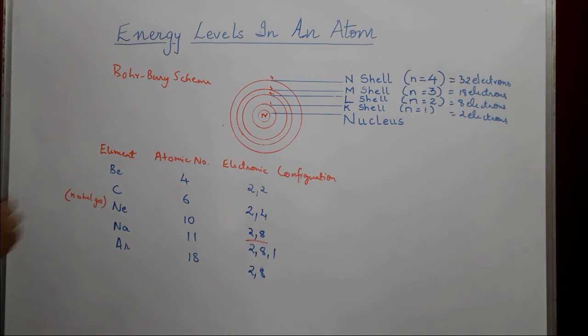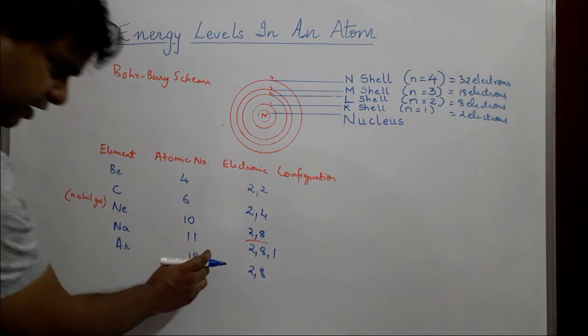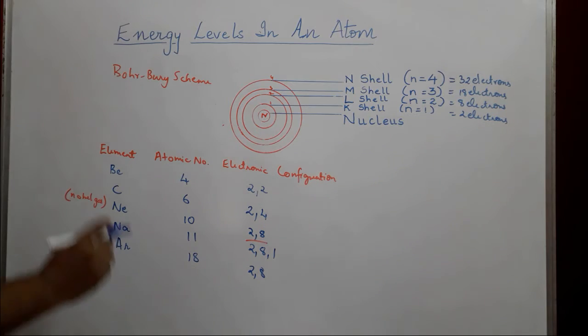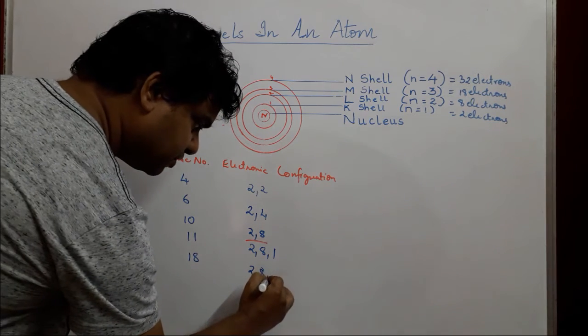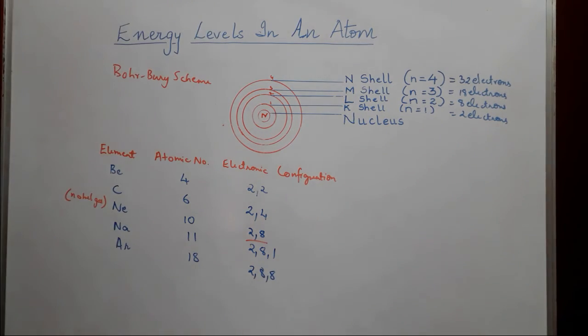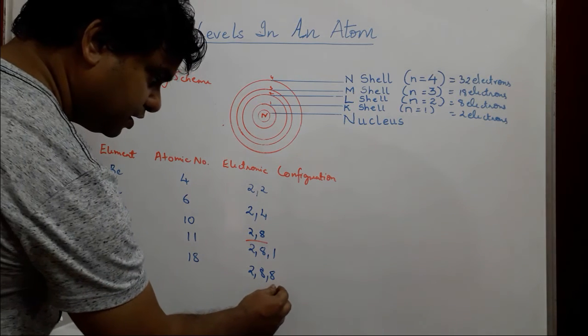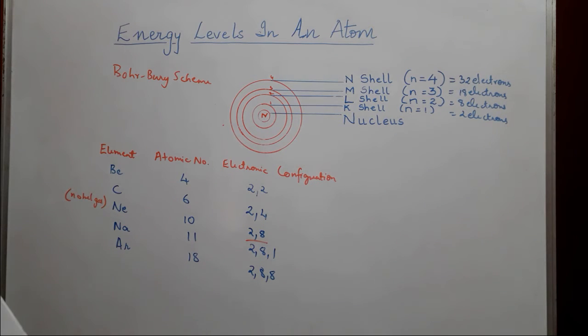So 8 plus 2, 10, meaning now only 8 remain, and we have no other option but to put that 8 in the third orbital. Now, as per the Bohr-Bury scheme, in the third shell we cannot have more than 8 electrons if we are filling up more. That means this would become your second last shell, but in this case this is your last shell and this is allowed.